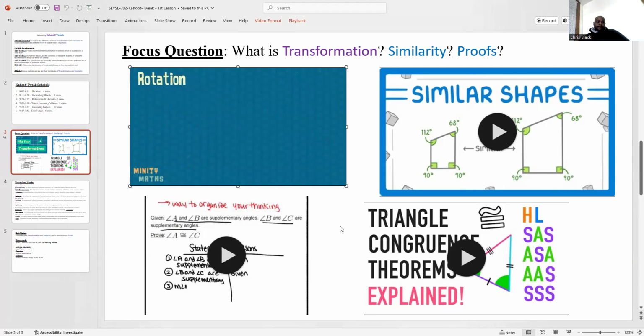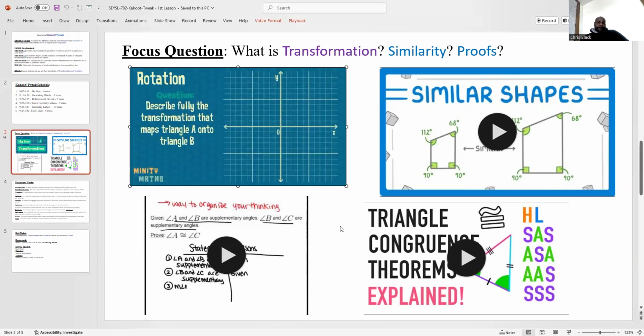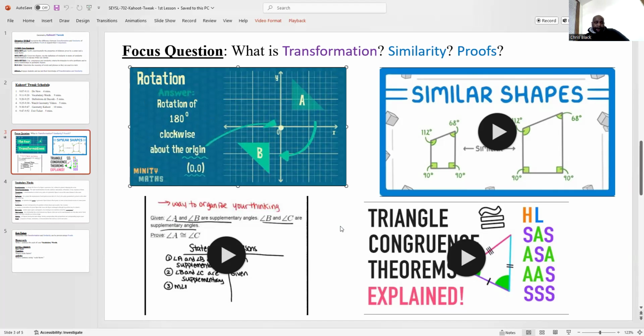Rotation also changes the shape's position. To describe rotation, we must provide 3 details: the angle of rotation, the direction, and finally the center of rotation.